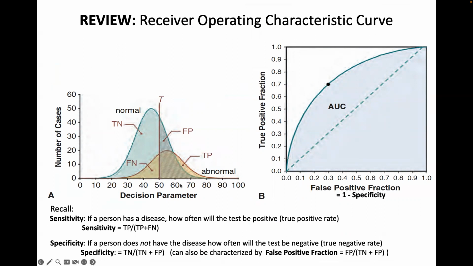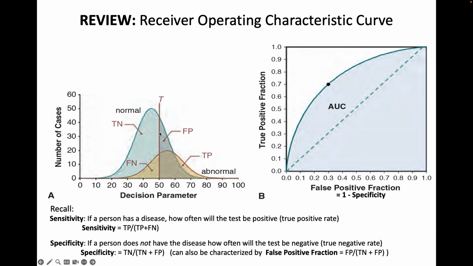Their genetics, the summation of a whole bunch of clinical parameters, et cetera, to get a decision number. And then you plot all of the people that are quote unquote normal, or in the case of predicting heart attacks, people that don't go on to have a heart attack. And then you can plot a histogram of that decision parameter in people that do go on to have a heart attack, or the abnormal population.